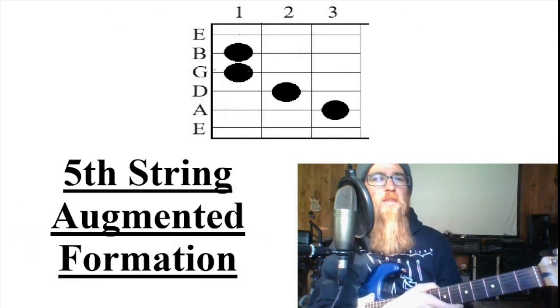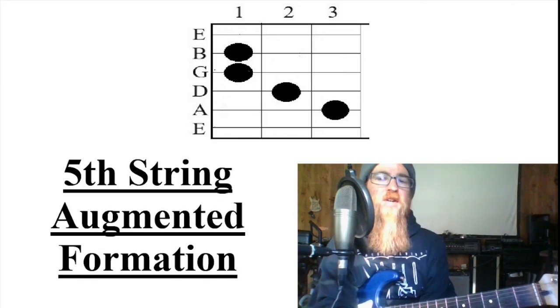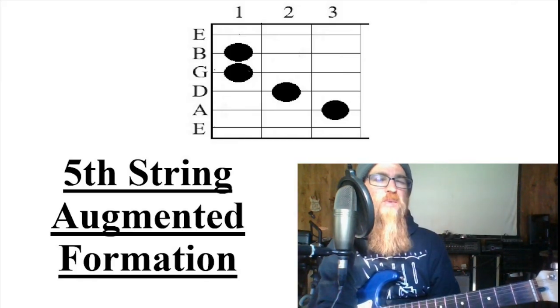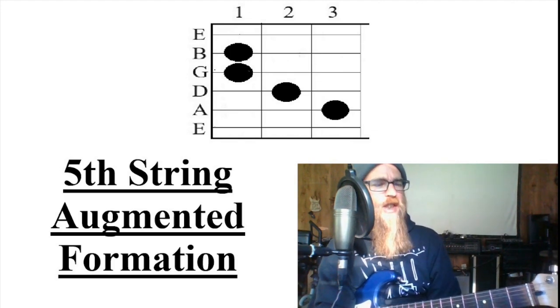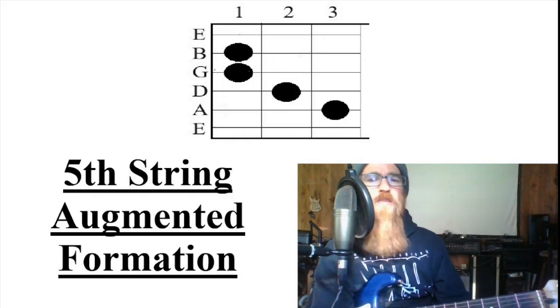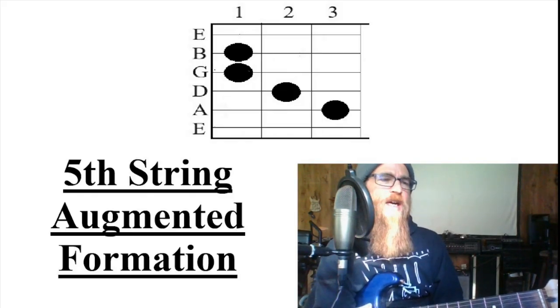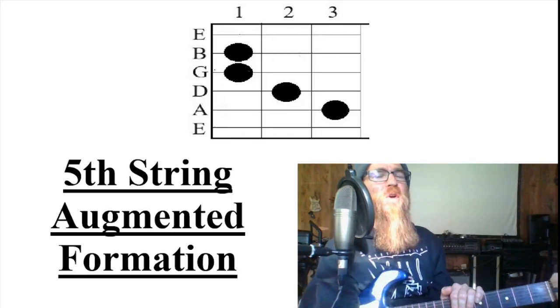There's the formation for 5th string augmented chords. If you can play an open F major, it's going to be really easy for you to figure out how to form that. It's just going to be memorizing your 5th string root notes, but you'll be able to play any augmented chord off the 5th string, and maybe it's easier for you.